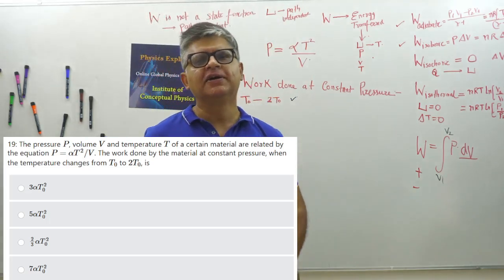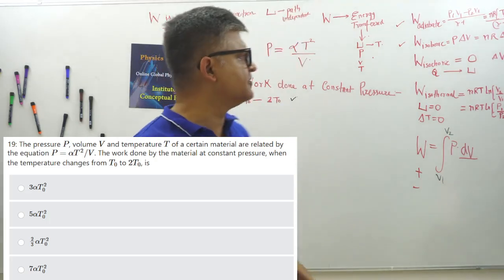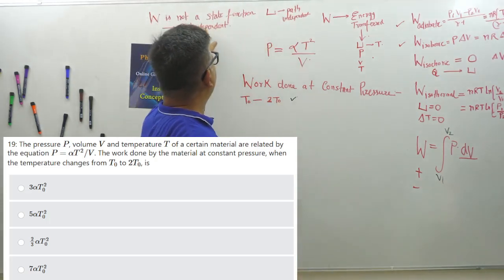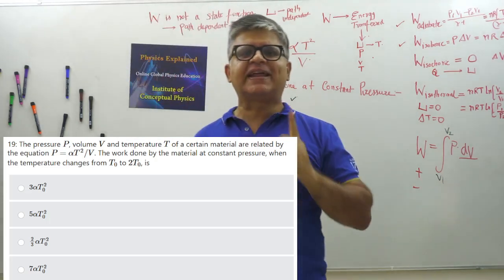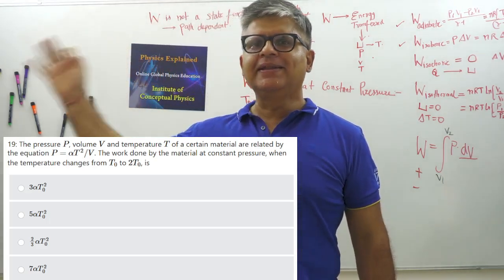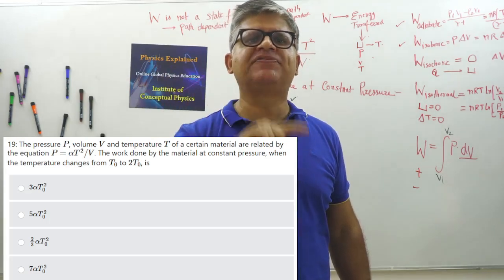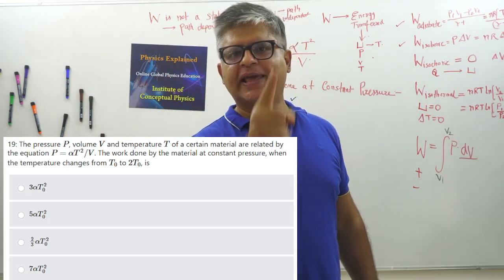Another, fourth point about the work done, which you need to understand for your upcoming JEE Mains examination, is the fact that the work done is not a state function. That means it is not dependent only on the initial and final state. No, it is basically a path function. That means what path you take matters.